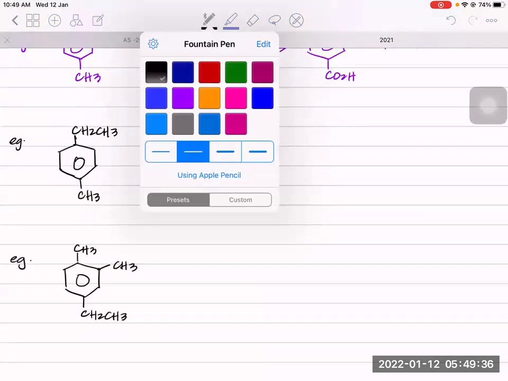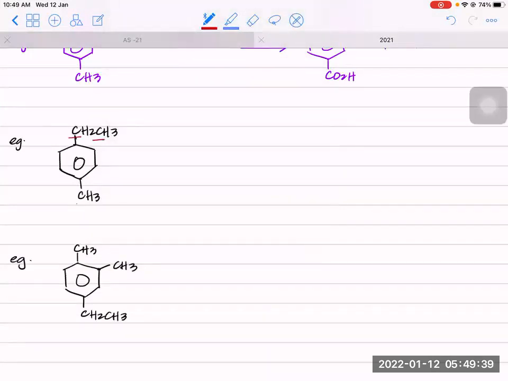Now, how many carbons do we have here? 1, 2, 3. Yes. I told you that 1 carbon will require how many moles of oxidizing agent? 3. So you have 3 carbons here. Therefore, how many moles would be required? You would require 9 moles of oxidizing agent.